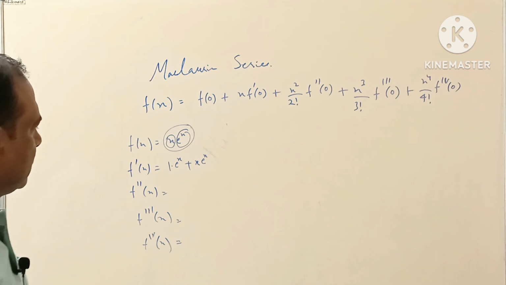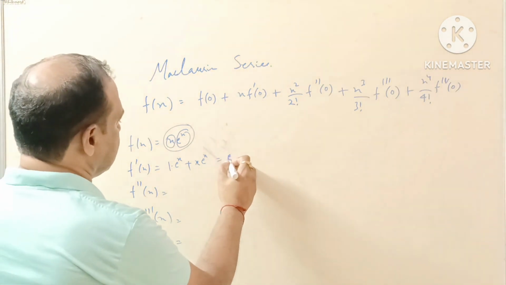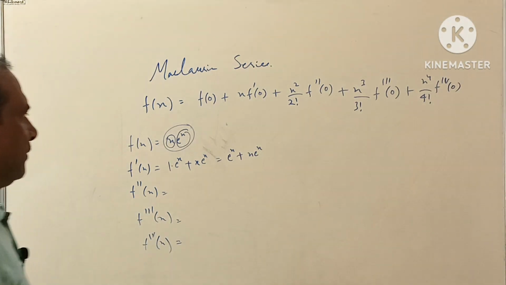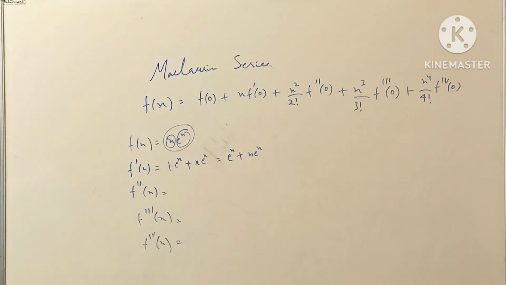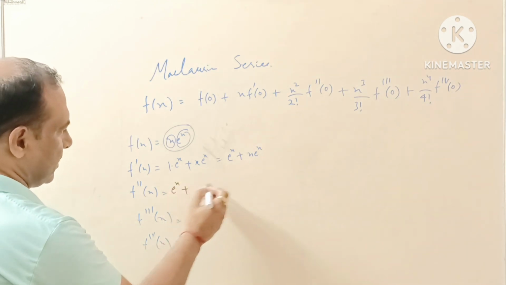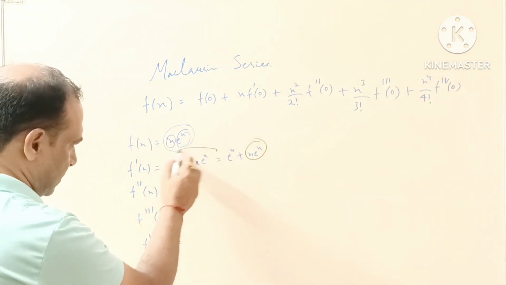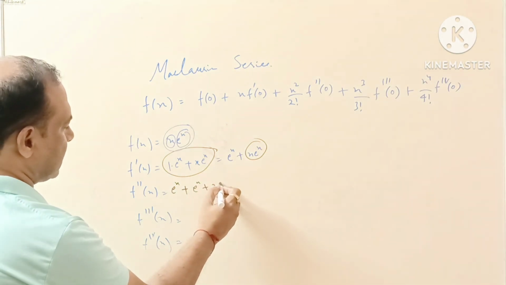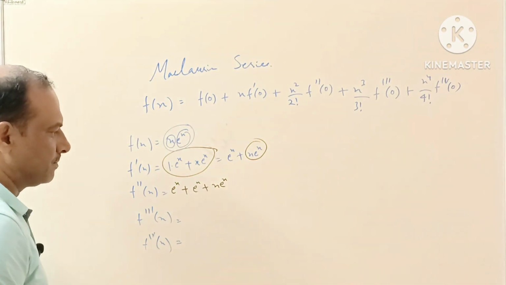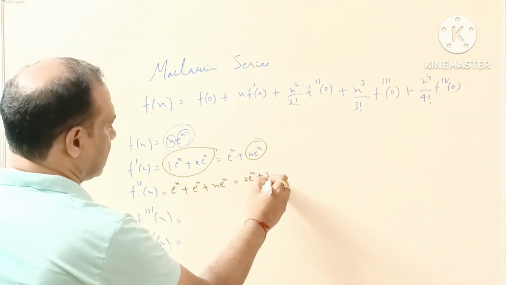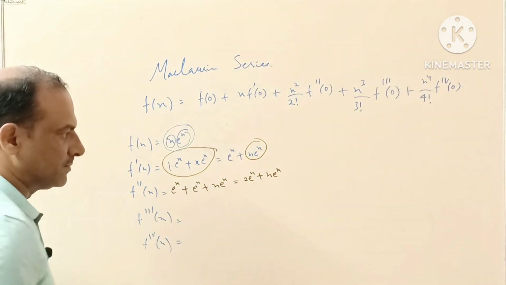So f'(x) equals e^x plus x e^x. For the second differentiation, it will give e^x, plus again this whole part, e^x plus x e^x. So it gives twice e^x plus x e^x.